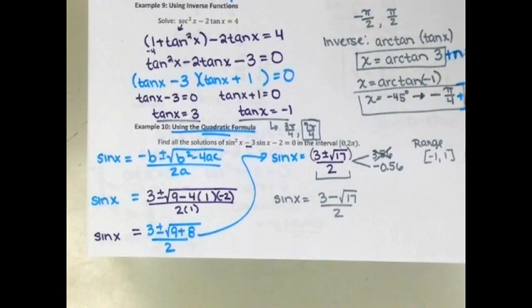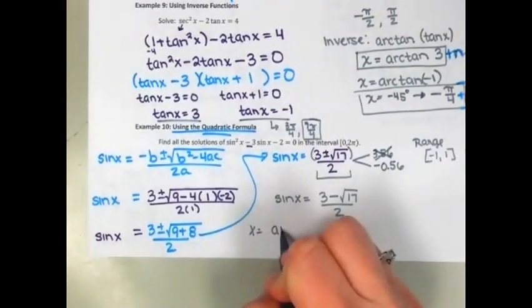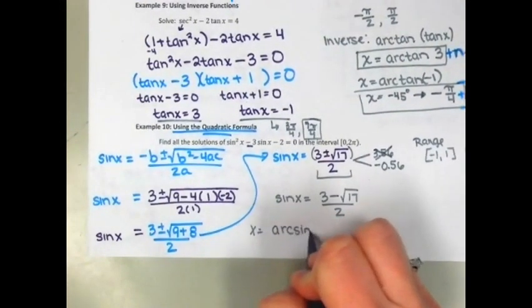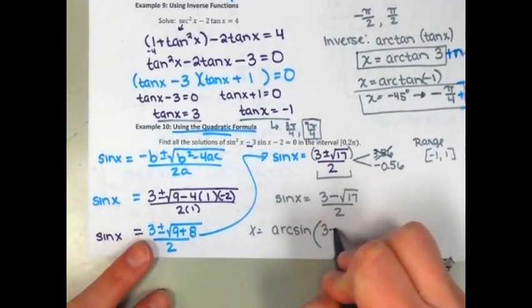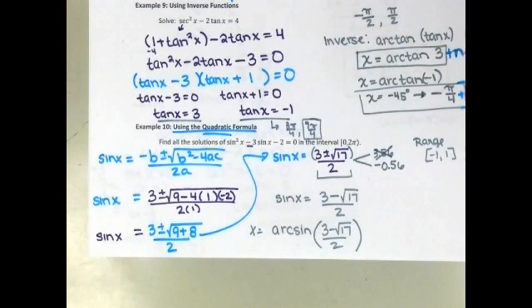Okay. So now, can we actually figure out my angle, what x equals? Do we remember how to get rid of the sine? How do we get rid of the sine? Take the inverse, right? So x would equal the inverse, so arc sine of the 3 minus radical 17 over 2, right?